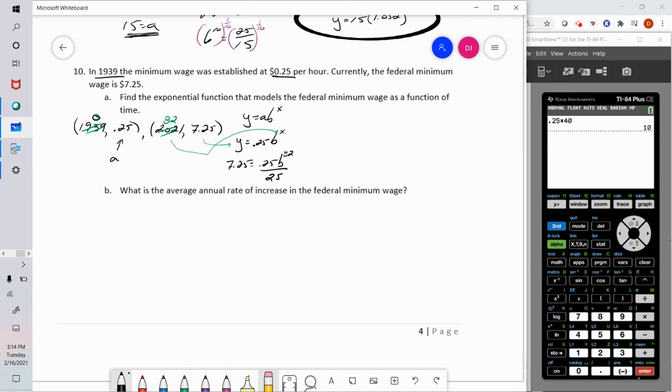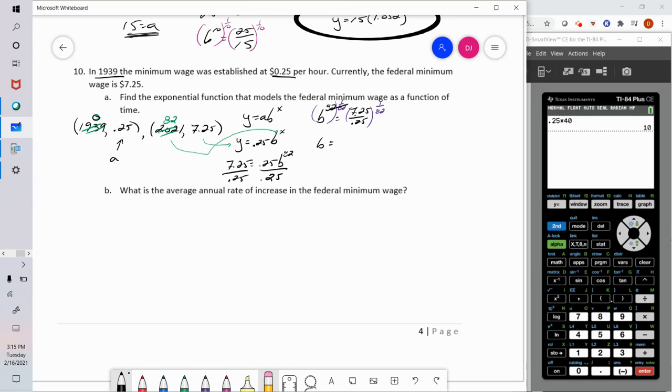If I divide both sides by 0.25, b to the 82nd power is equal to 7.25 divided by 0.25. And then we're going to raise both sides to the 1 over 82 power. So on the left-hand side, these will cancel, and I'll get b to the first.